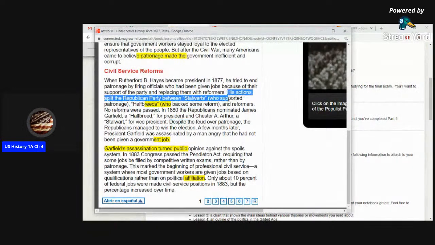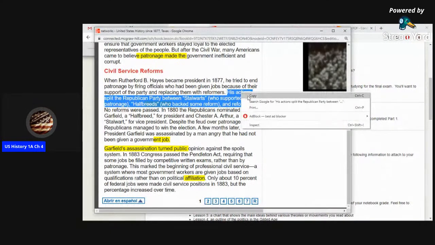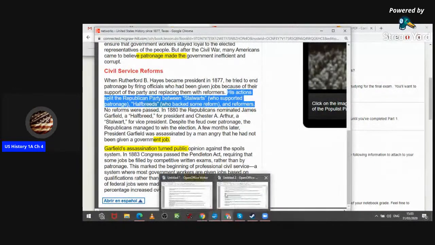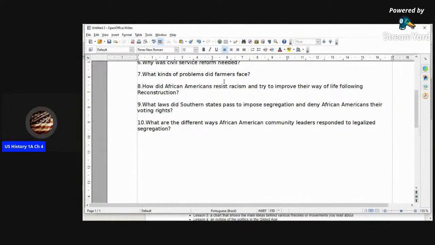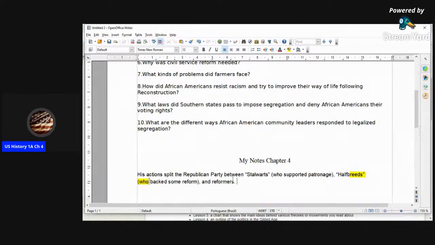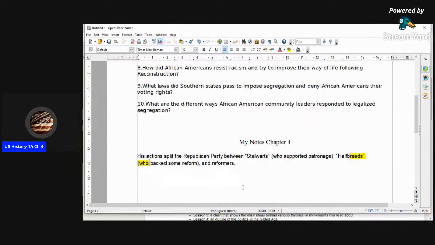So remember what I said about taking notes. You can sometimes copy, and you can go here. Where is our page? It's right there. So then I can put here my notes, chapter 4. And I can copy and paste, but then later write it in your own words, right? This is just so I don't take forever. Maybe you don't type very fast, so you need to find quick ways to write your notes.